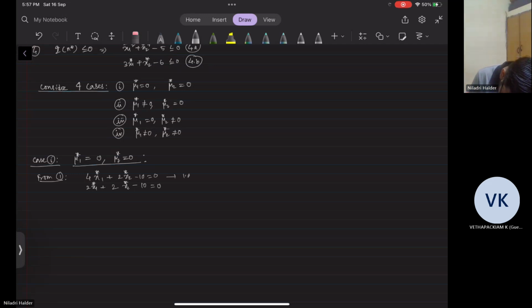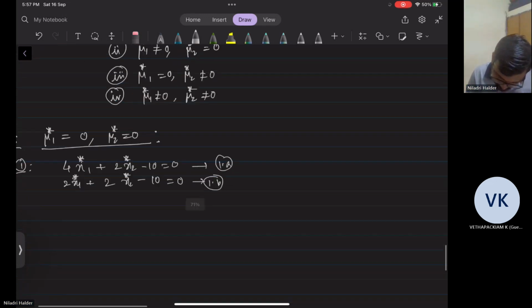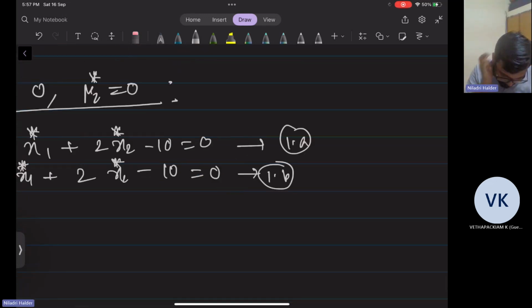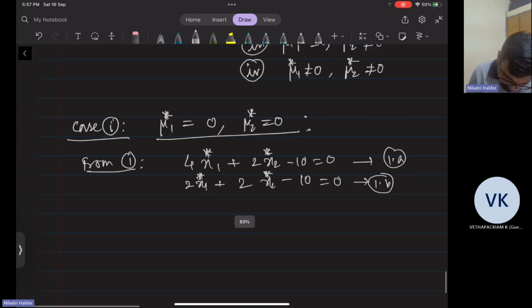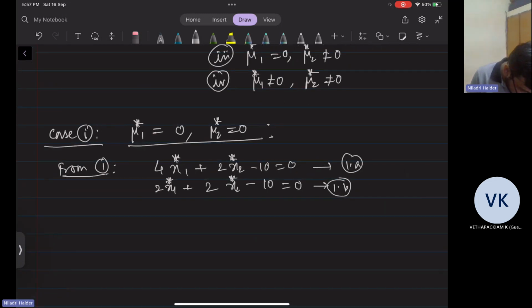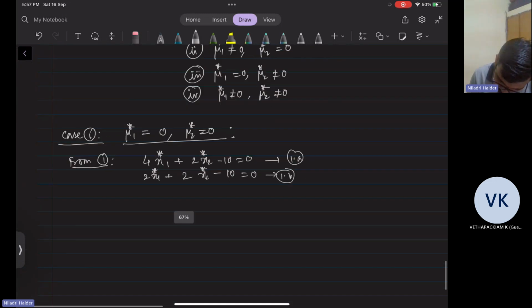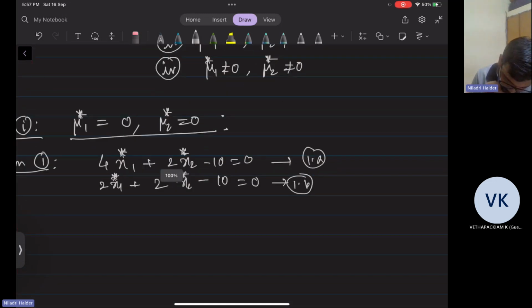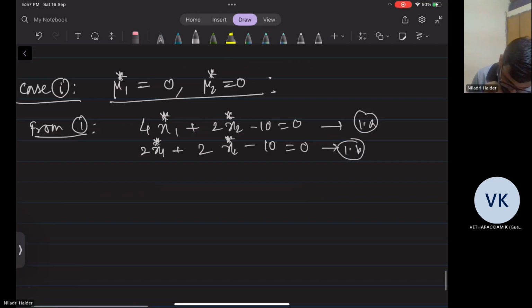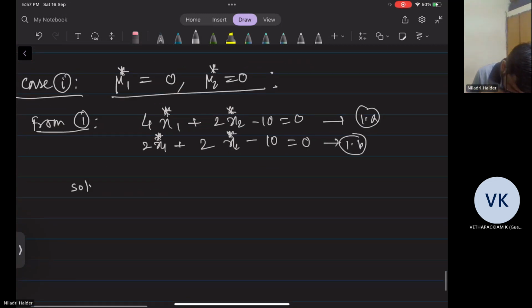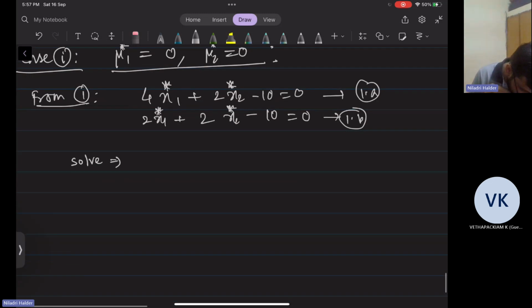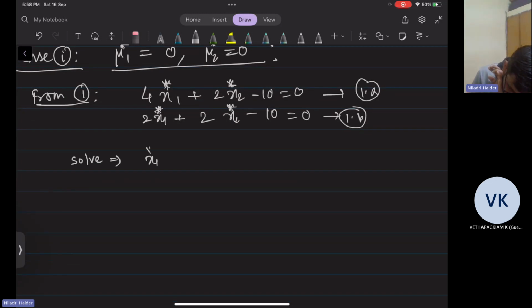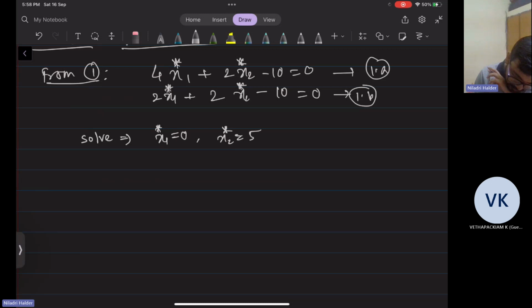This is 1a and 1b. There are two equations and two unknowns, so we can solve this. Solving, ultimately you will get x1 star is equal to 0 and x2 star is equal to 5. This is from 1.